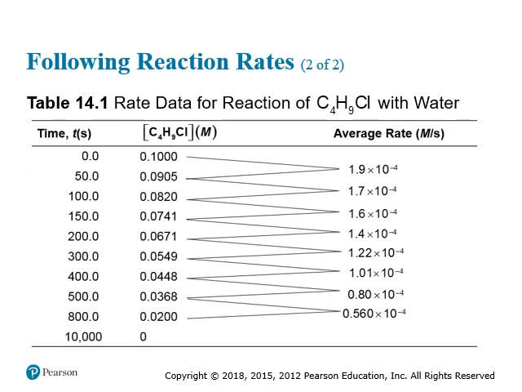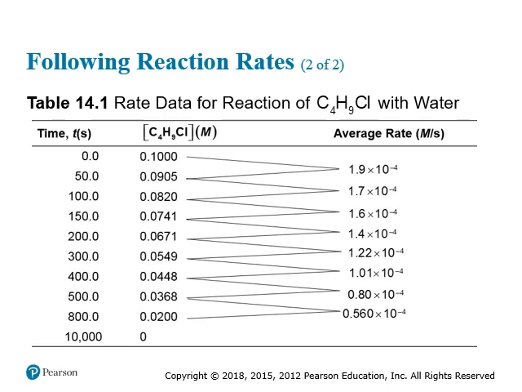Let's take a look at some reaction rate data. We have observed the concentration of butyl chloride over a given amount of time. As it is consumed, we can calculate a rate for each elapsed period of time. Between time 0 and time 50 seconds, we see that the concentration has decreased from 0.1 molar to 0.0905 molar.